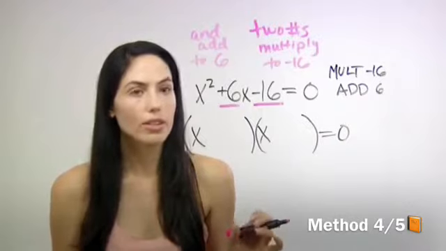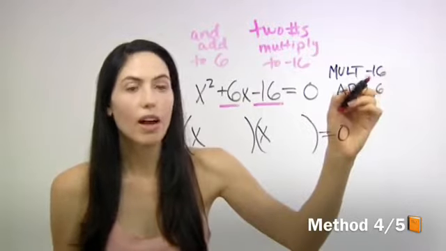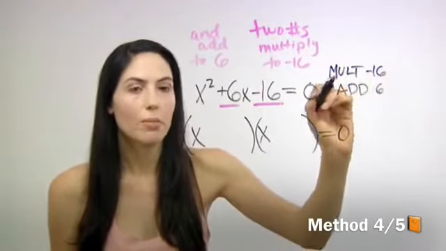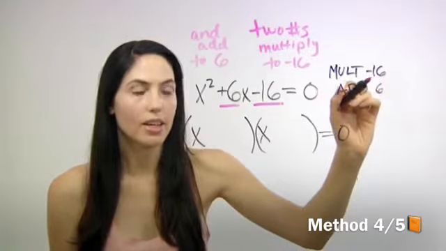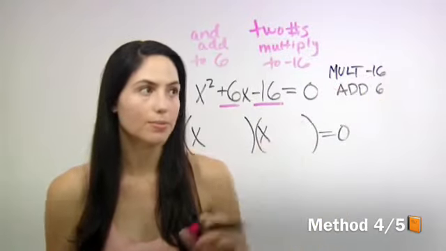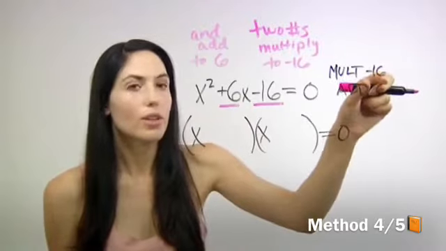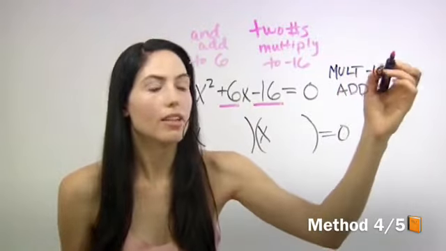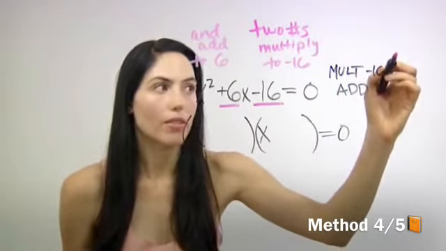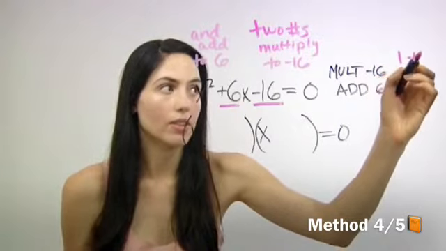So first what you need to do is make a list of all pairs of numbers that multiply to negative 16, and you can do that off to the side. So we want two numbers that multiply to negative 16. Let's list the pairs. We could have 1 and negative 16.